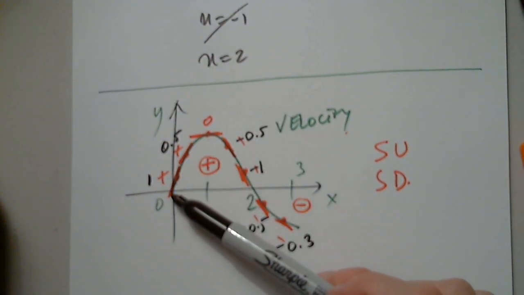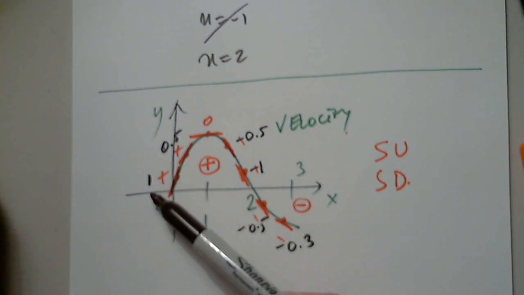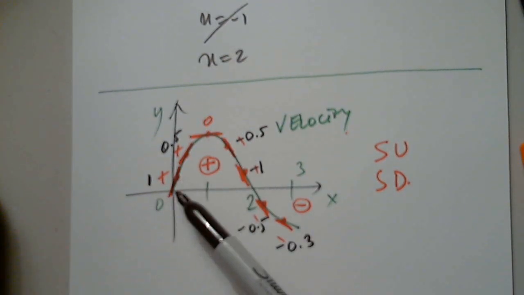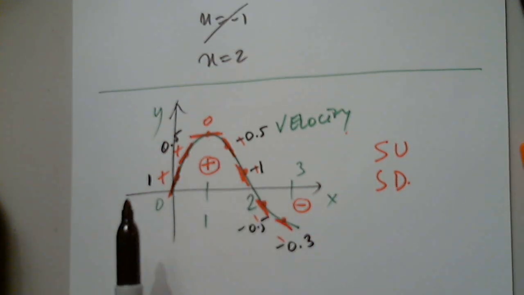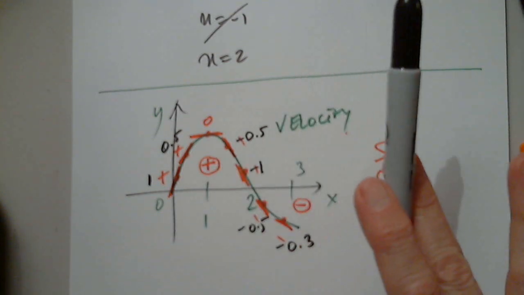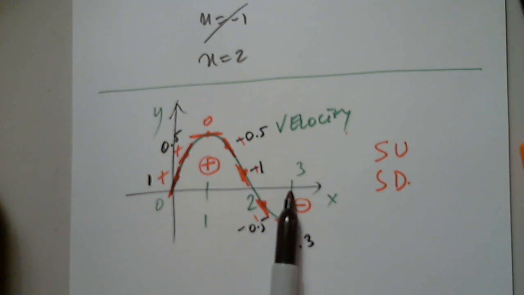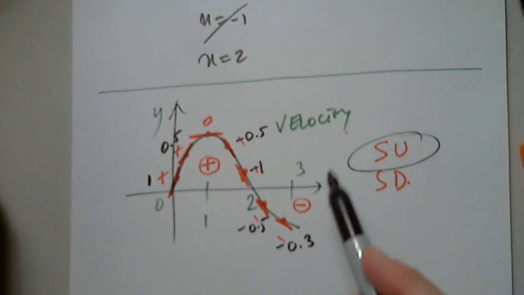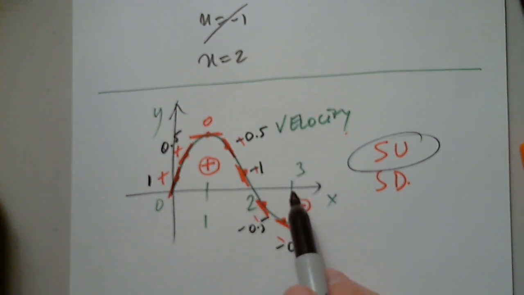So the velocity is positive on this interval, but the acceleration is positive only between 0 and 1. So both are positive between 0 and 1. But both are negative between 2 and 3. So it's speeding up between 0 and 1 union 2 and 3, because both velocity and acceleration have the same sign.